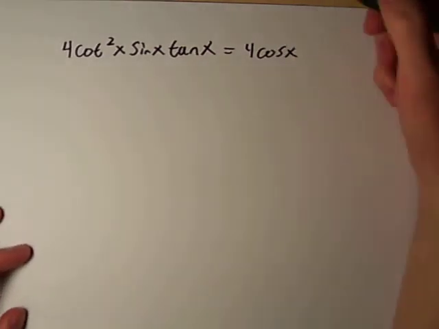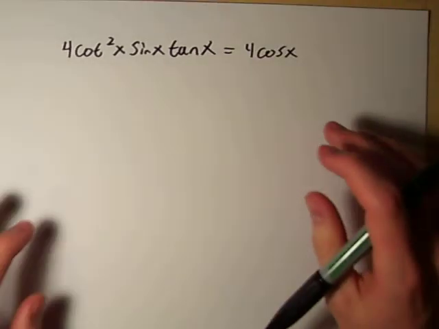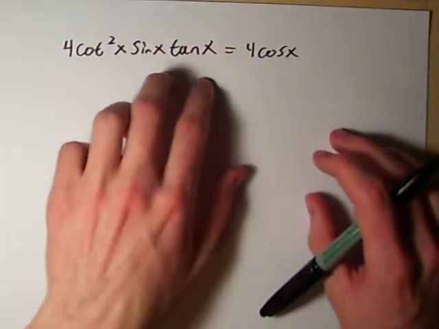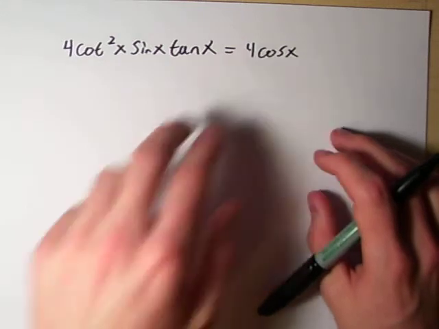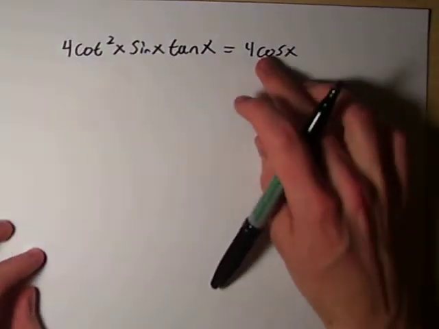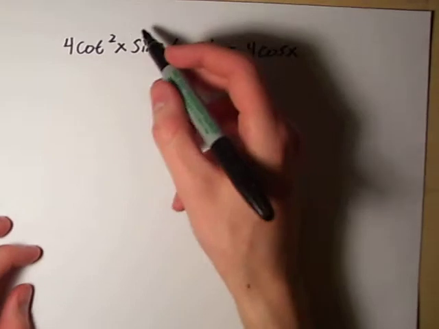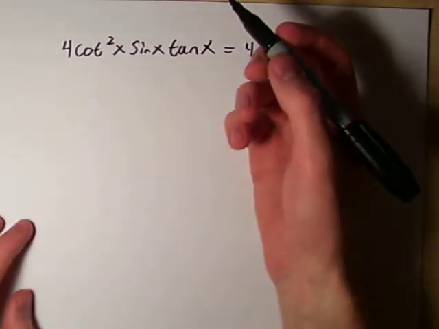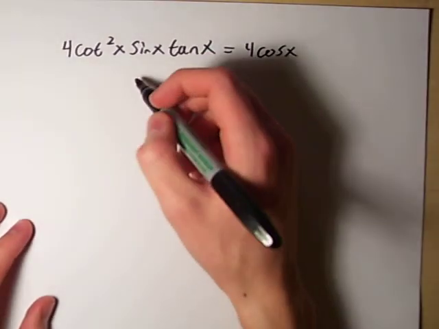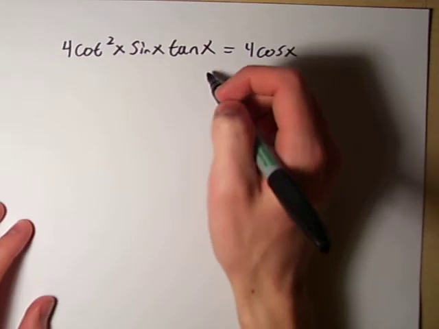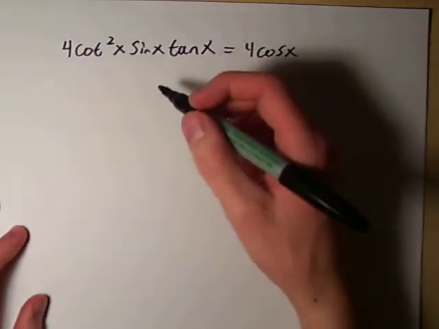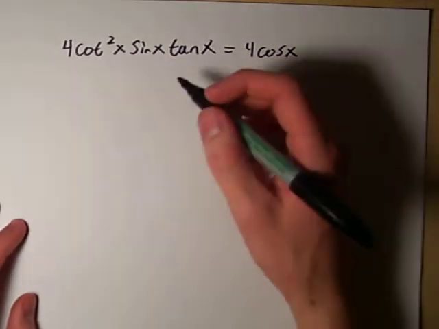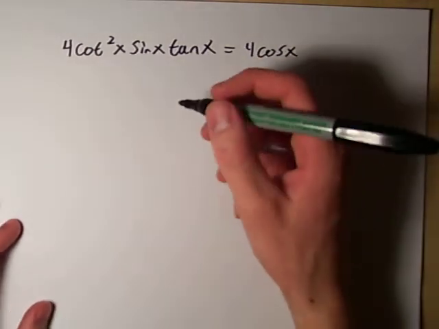This one, again, it's the same sort of deal. We've got 4 things being multiplied together that eventually just give us 2 things. They reduce down to the 4 and the cosine, so we know we have to have things being cancelled out here. So I'm just going to convert these all into terms of sines and cosines, which is another thing that's kind of helpful, especially with simpler identities.